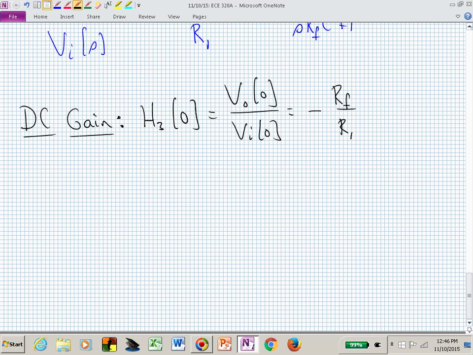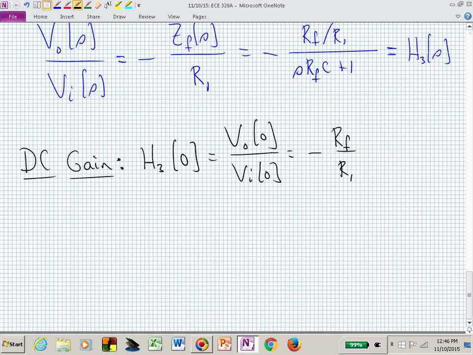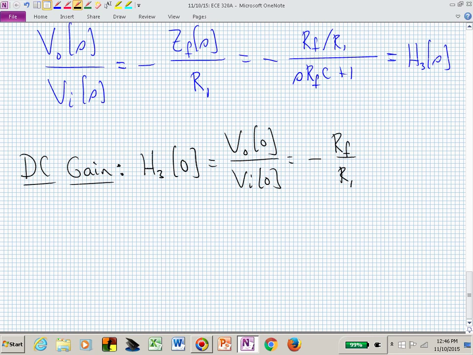But we bought a little bit more than that kind of behavior because of the insertion of that capacitor in the feedback path. We now have a pole in this transfer function, and where is that pole? By definition, how would we find that pole?